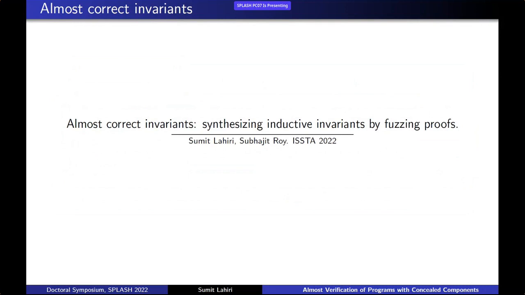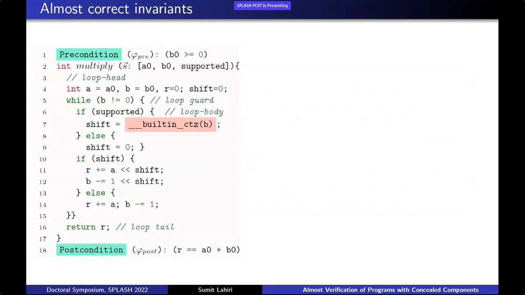These are programs that contain opaque components. If you see the program here on line number 7, we have a call to a function named built-in CTZ. This is a program that is repeatedly adding in order to simulate multiplication.